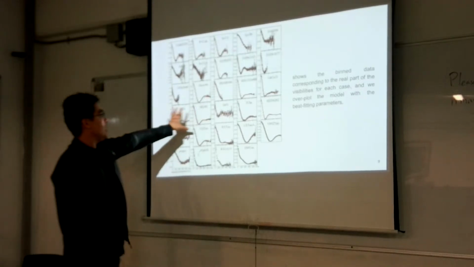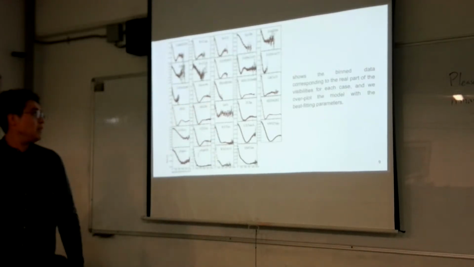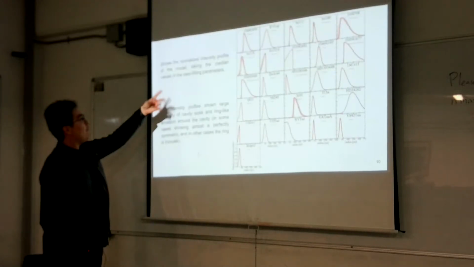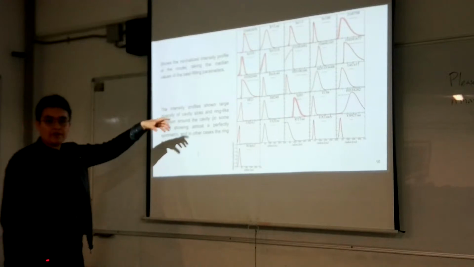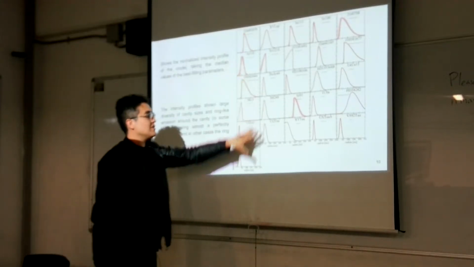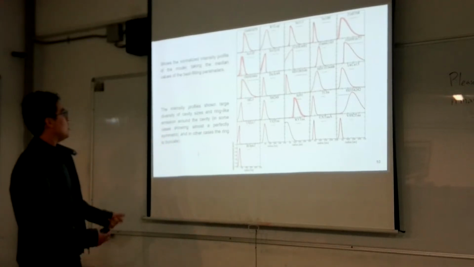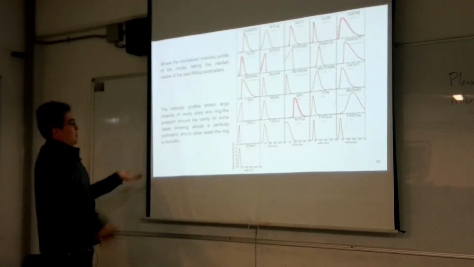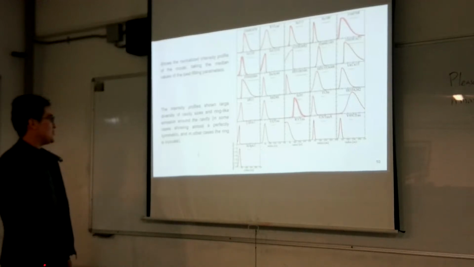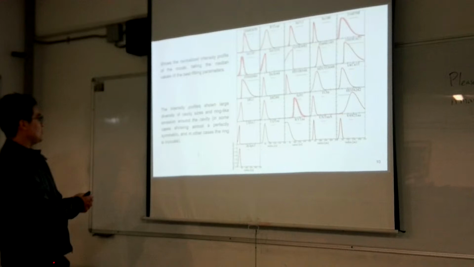With these ideal parameters, they also made the intensity profile. Do you remember the intensity with this Gaussian ring? So that was the idea. They say that the cavity sizes are different and also are, what do you say?